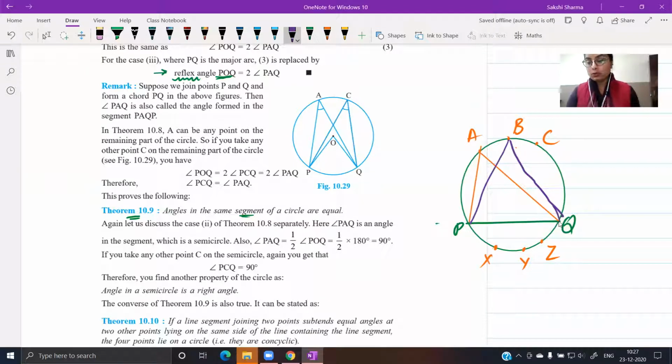The result or the theorem states that these two angles will be equal to each other. Angle PAQ will be equal to angle PBQ. This is what the result states.